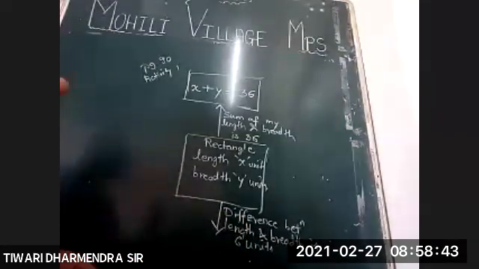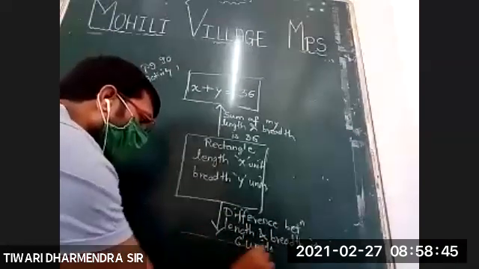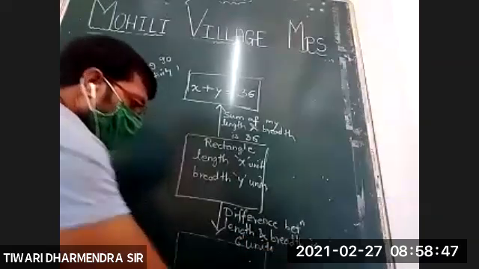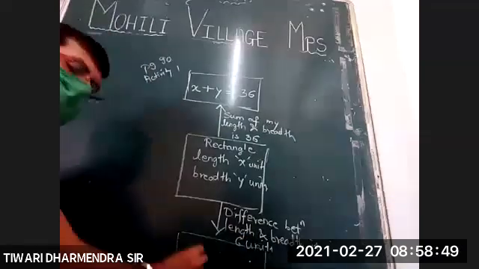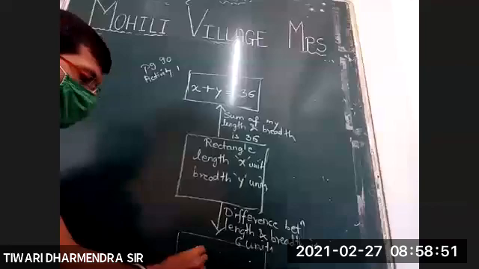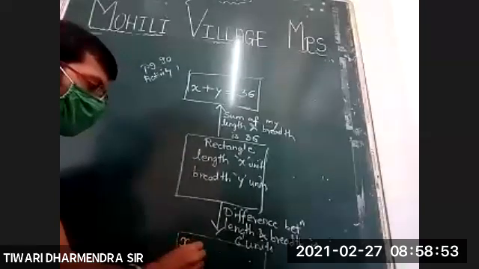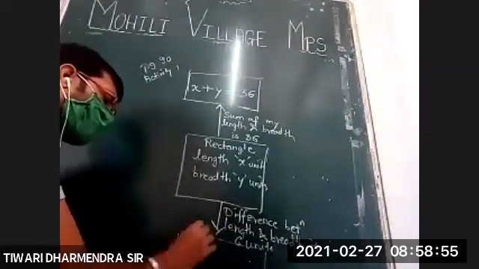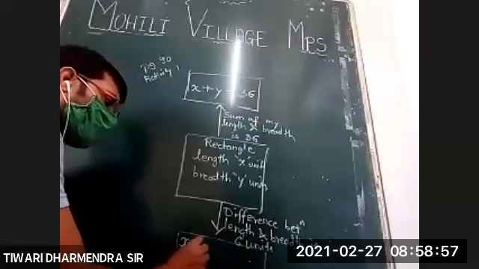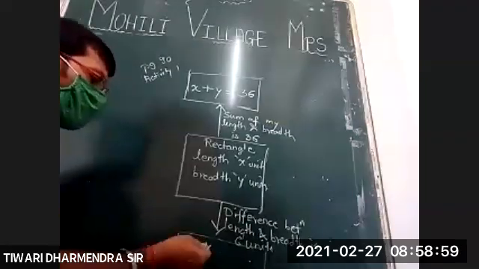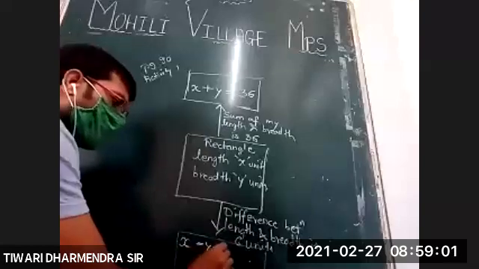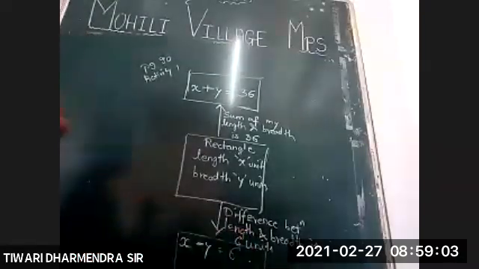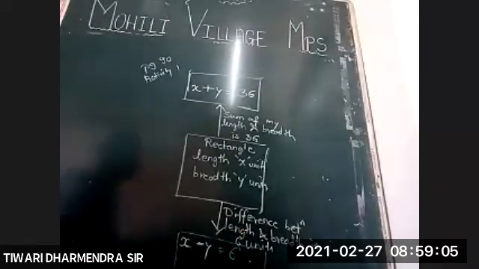Difference means subtraction. So we are going to draw a box here. Difference between length and breadth: length is x, breadth is y. So the difference is given by minus. So x minus y is equal to 6 units. Even this is done.